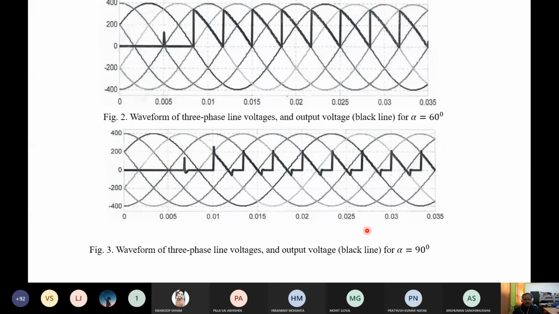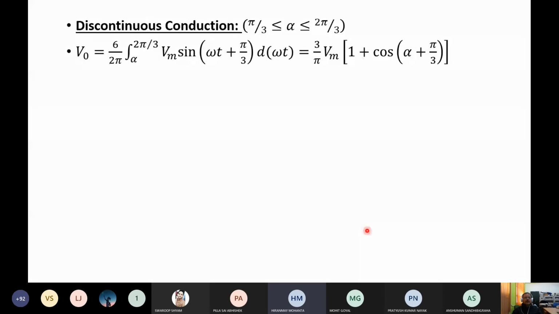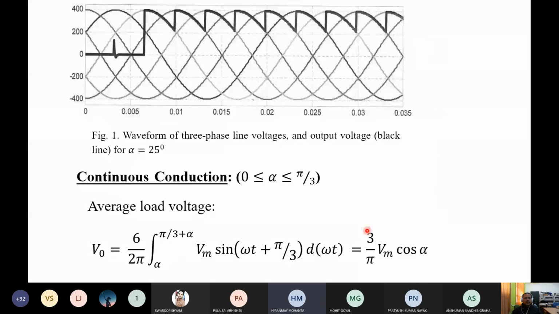So the average calculation on that formula, omega t minus pi by 6 will be there, or omega t plus pi by 6? Pi by 3. This expression, sir. You just see now, we will understand. This is 0. First limit is alpha. Second limit is 60 degree plus alpha, and we have added 60 degree.